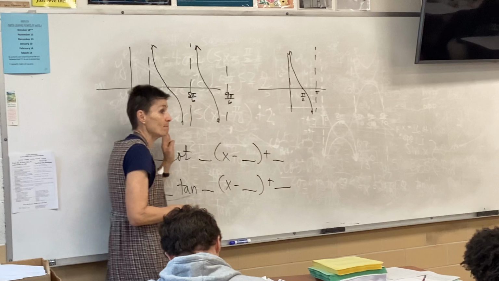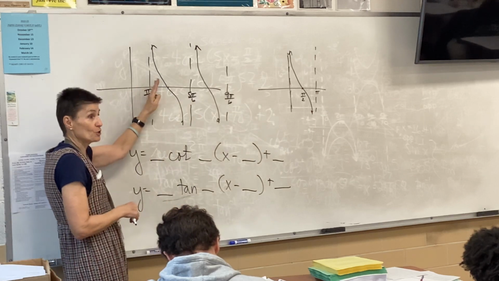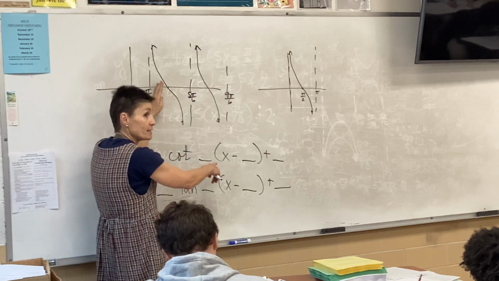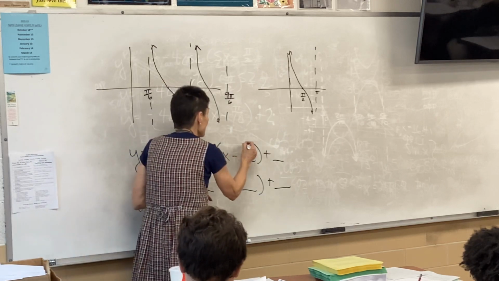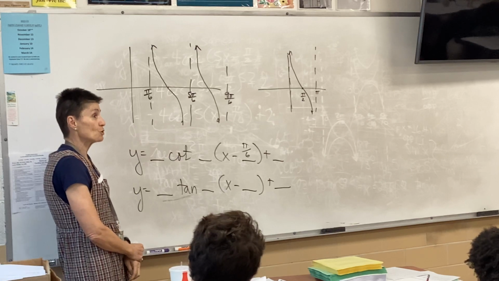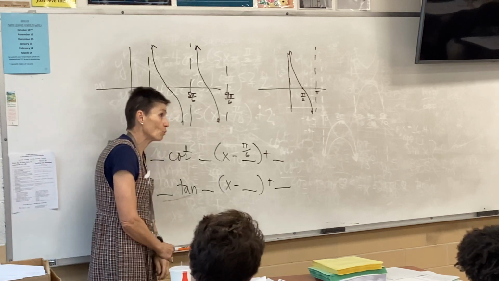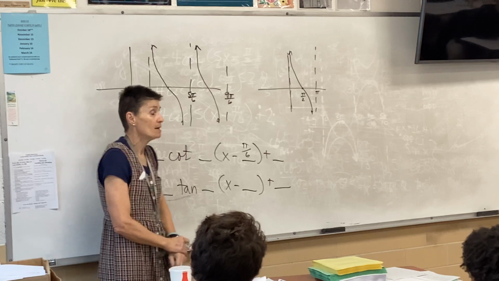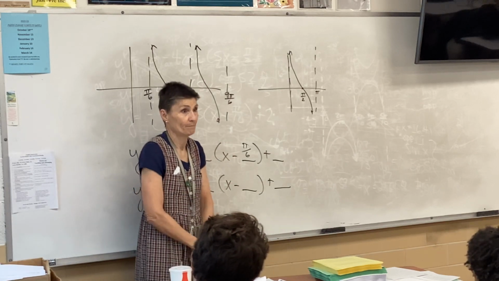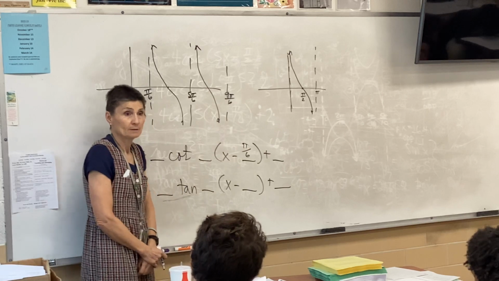But it's been moved over to here. So in the cotangent, my phase shift is pi over 6. Because your phase shift, your horizontal shift, is your new origin. What happened to your origin? Well, it got moved.